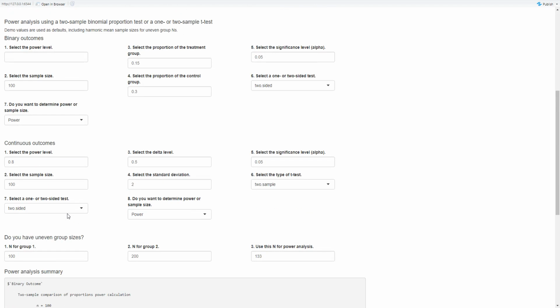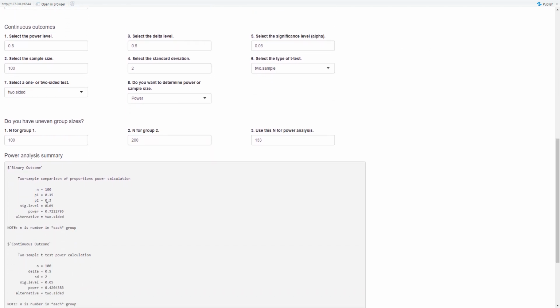So based on these two proportions of 0.15 and 0.30, using an alpha or significance level of 0.05, which is a standard value, and using a two-sided test with the sample size of 100 per each of the two groups, so a grand total of 200, we would see that would give us, based on those differences, where group 2 has a value twice the size of group 1, seeing results like that would give us 72.2% power.